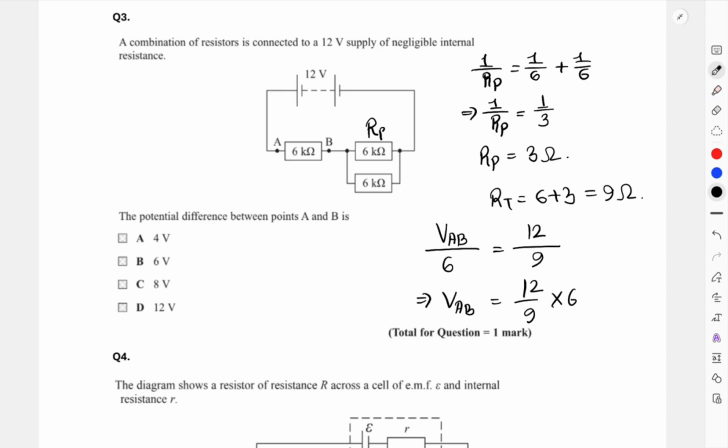Wait, maybe I made a mistake. 2 by 3, 4 into 2 is 8, right? So why am I getting this? Oh wait, I'm actually using my phone, so it's 72 by 9, this is 8, right? So the answer is 8 volt. Option C is the correct answer then.